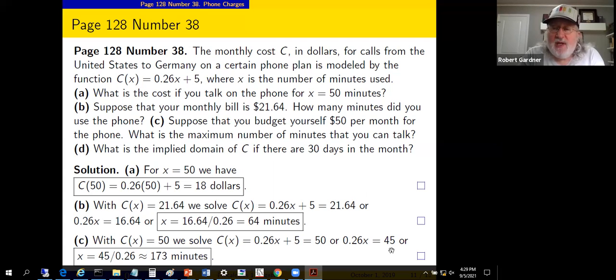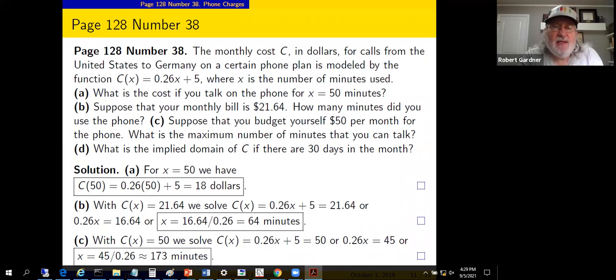Subtract 5 from both sides, reduces the right-hand side to 45. Divide by the 0.26. 45 divided by 0.26 is what x equals, and that's roughly 173 minutes. This is quite similar to part B, except the numbers turned out a little bit messier, I guess. I didn't give decimal parts of minutes.